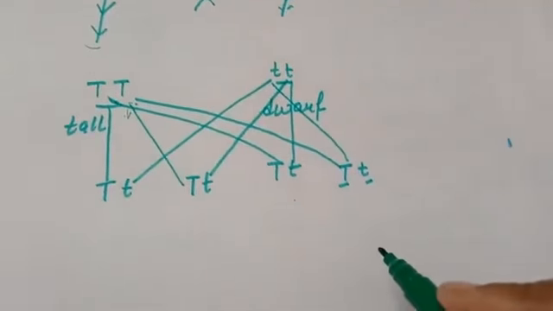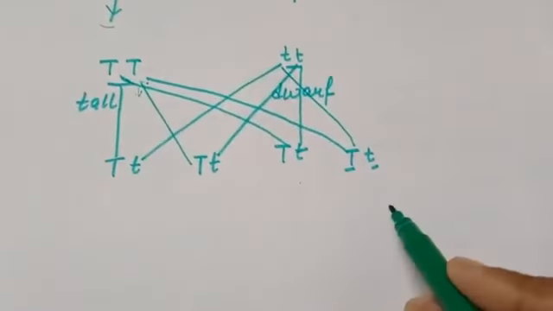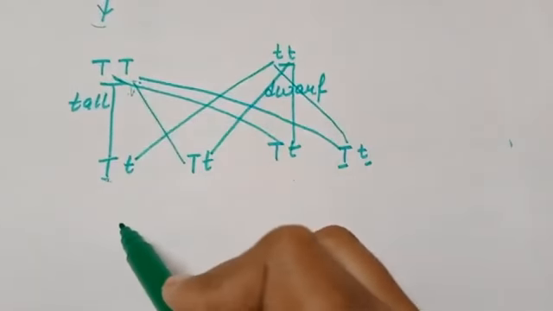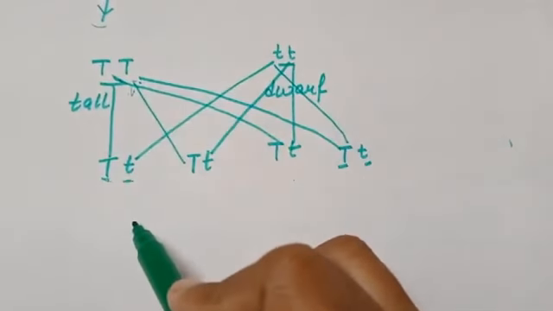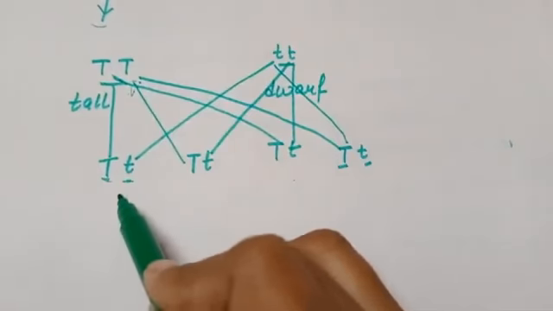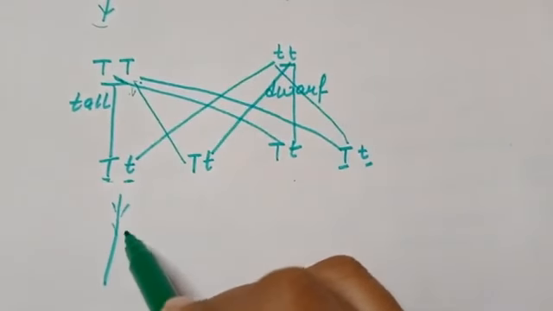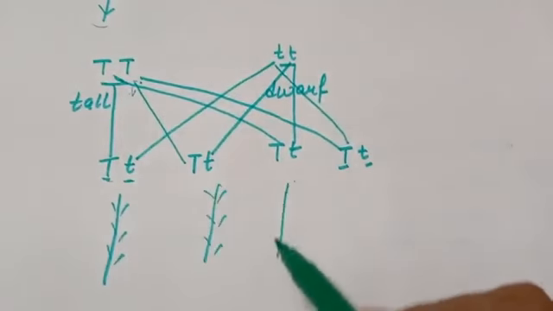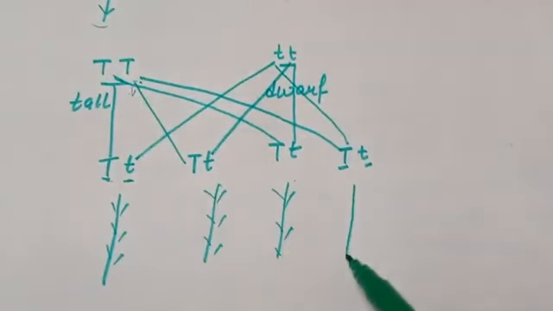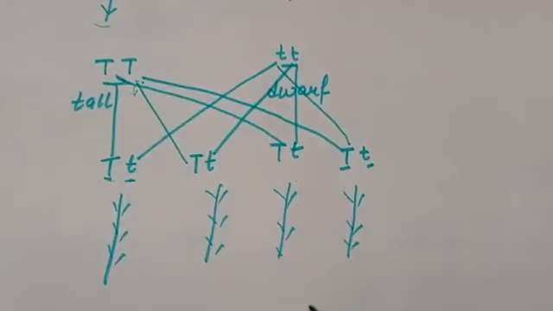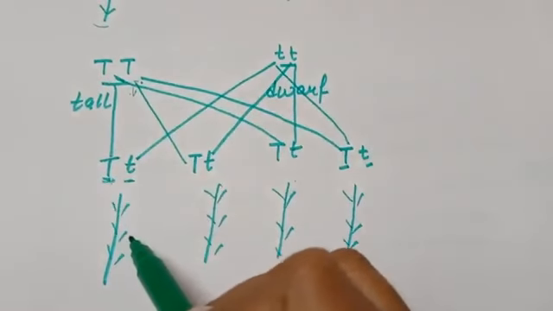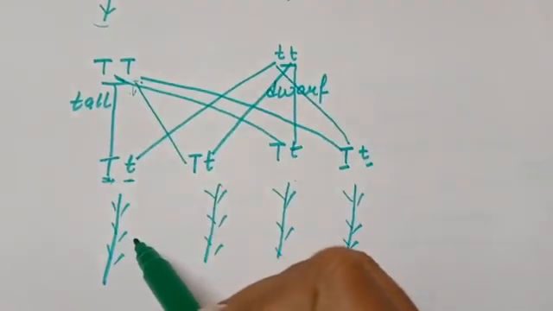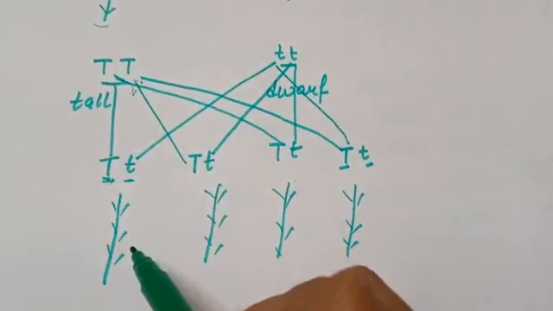Here we know capital T is the dominant gene and the smaller t is the recessive gene. So finally what we get is a tall plant. In all probabilities, tall plants will be produced. Why? Because as long as the dominant gene is present, it will determine the physical appearance of the plant.